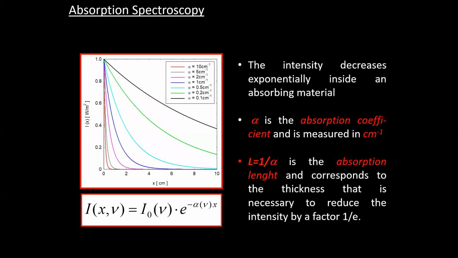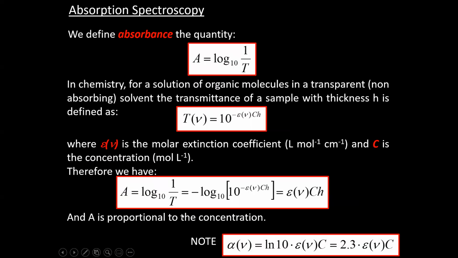Physicists are describing absorption by using this formula, where they use the exponential function with base e. The chemists describe transmission by means of an exponential function base 10. So there is an offset between the two representations. So we defined the absorbance and the transmittance, and we introduced a molar extinction coefficient, epsilon.